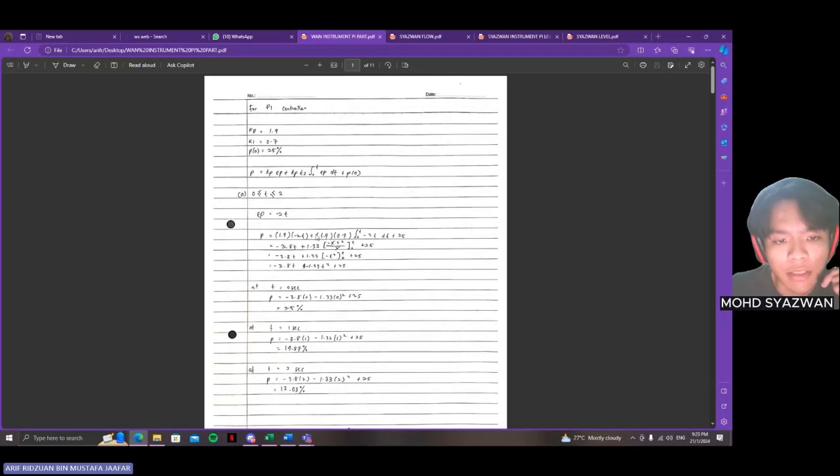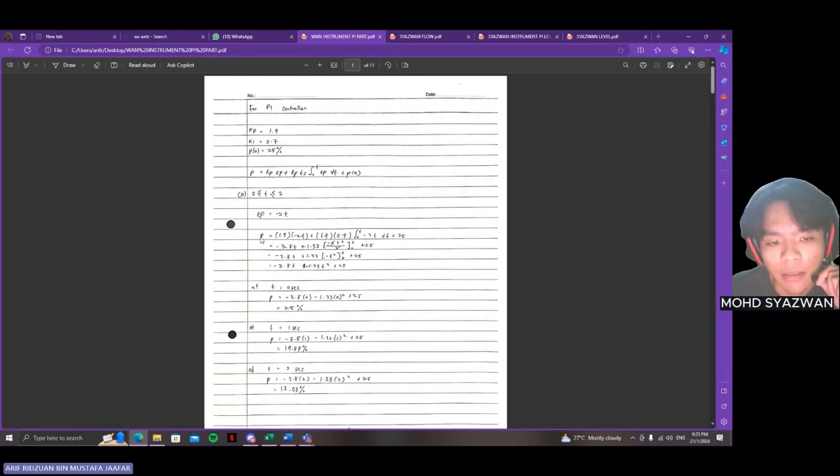For section A, it is from 0 seconds to 2 seconds. We refer to the question table, and I get EP equal to negative 2t.